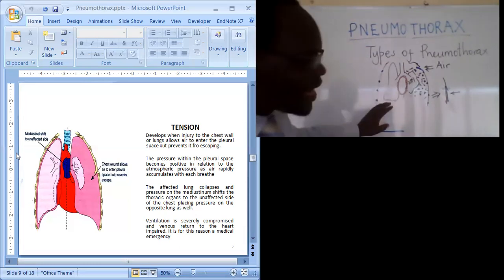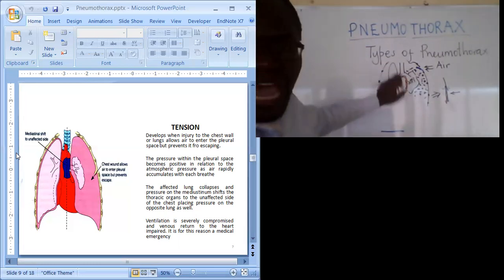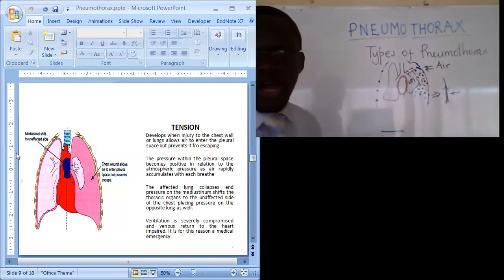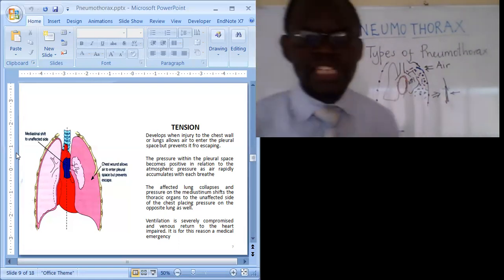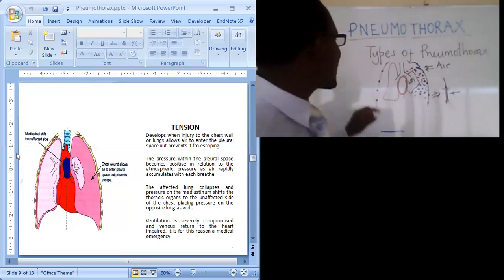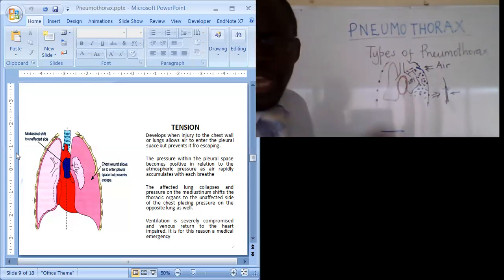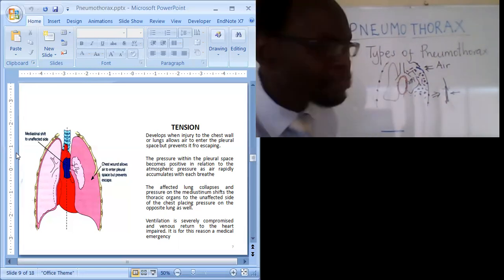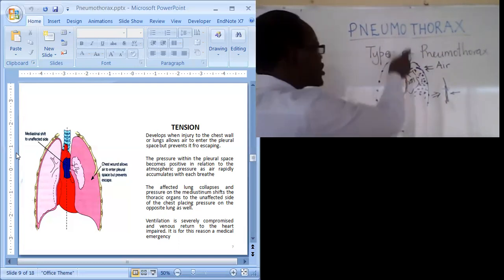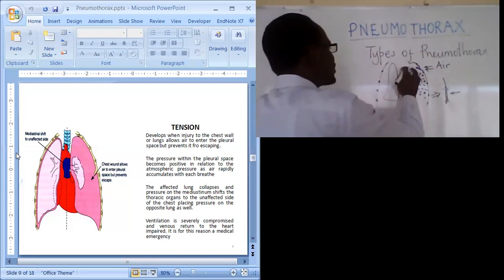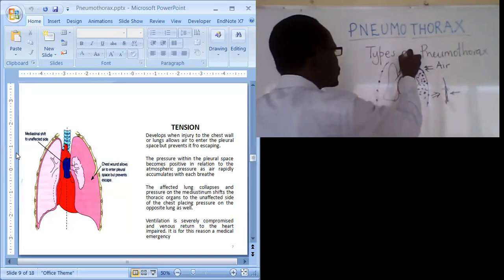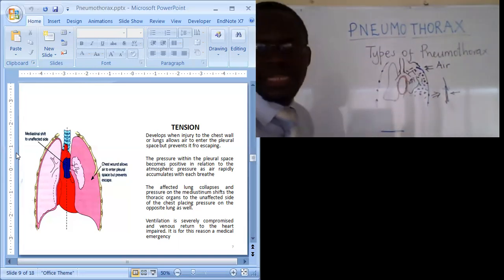The unaffected lung is also pushed to the other side. It even causes the trachea to be pushed to the other side, so the trachea is no longer midline. As you can see, it shifts to the other side.